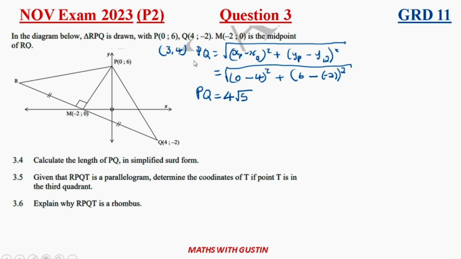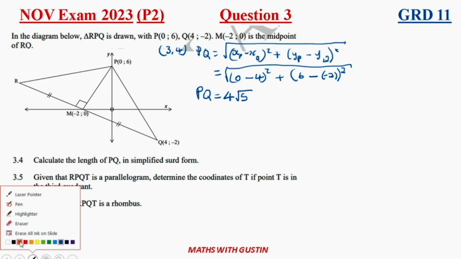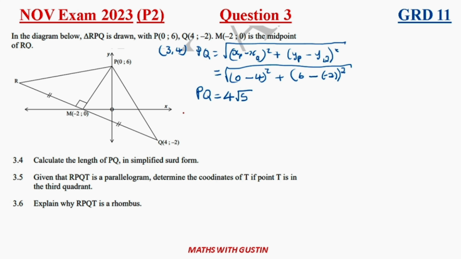That's what I got. Right, so therefore, and then they said, yeah, let's move on to 3.5 rather. It says here, given that RPQT is a parallelogram.